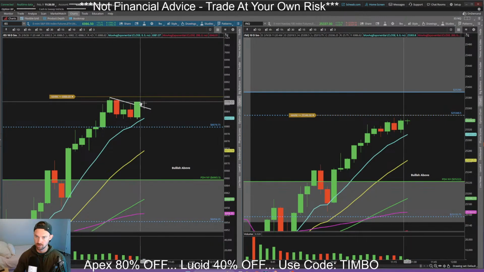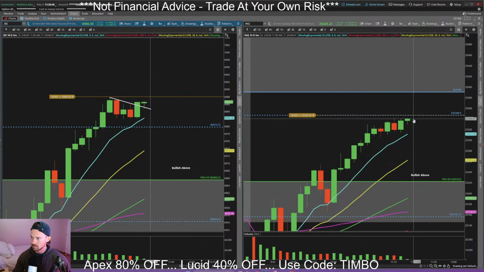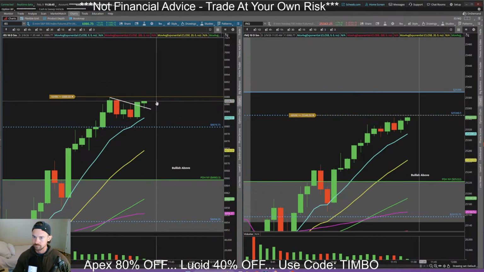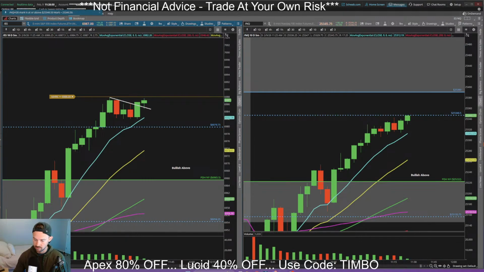Now if I took a long here, I'd want to be getting in as this is kind of breaking it, which it kind of is starting to. It's just kind of slow right now, which is the tough part. Okay, NQ looks like it wants to push that level. I'm going to try long on NQ, MNQ that is, just 2 micros. Order submitted. See if we can get a push above this overnight high here.